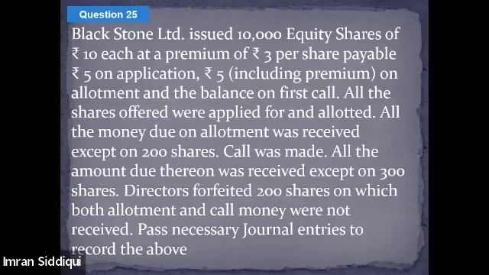All the amount due thereon was received except on 300 shares. Director forfeited 200 shares on which both allotment and call money were not received. You need to pass the journal entries to record the above. So that means we need to record the journal entry for the issue of shares as well as the forfeiture of shares. All right.